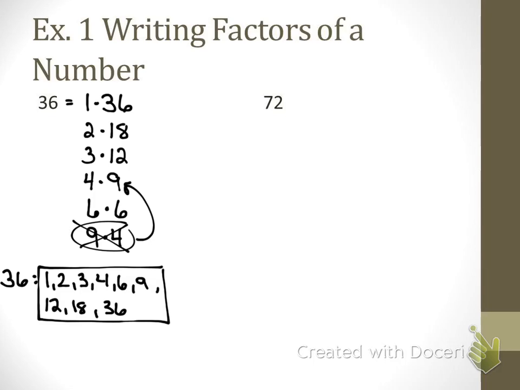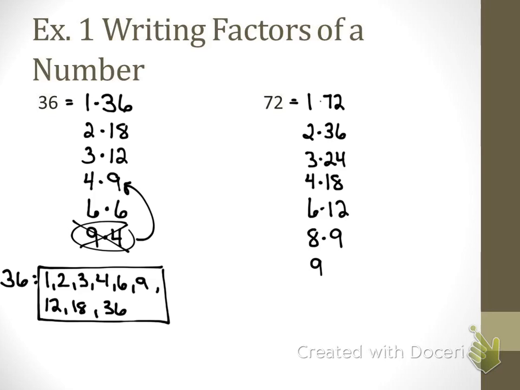All right, I want you to do the same thing for 72. All right, so for 72, 1 and 72, 2 and 36, 3 and 24, 4 and 18, 5, 6, 6 and 12, 7, what about 8? 8 and 9, what about 9? 9 and 8, so am I done?